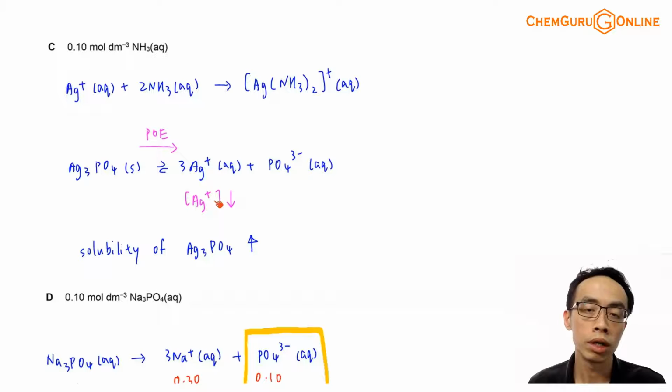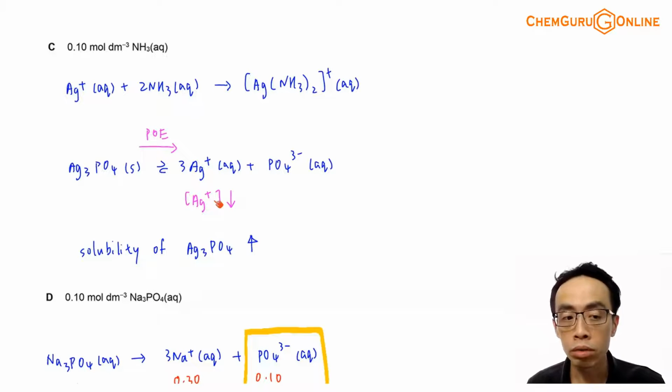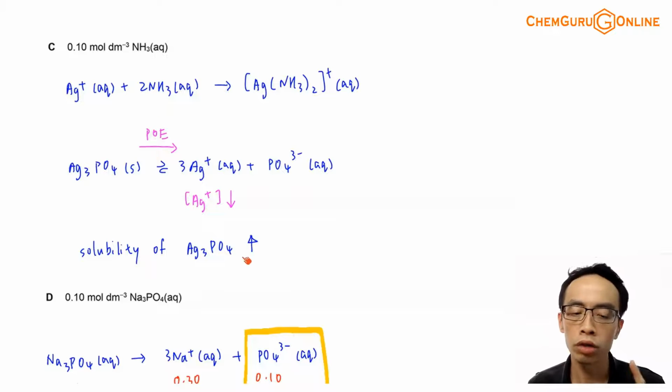And according to Le Chatelier's principle, when there's a decrease in the concentration of my product, position of equilibrium will shift towards the right hand side, favor the forward process, which means that I'm favoring the dissociation of the salt, and I'll expect more of the salt to dissolve, so solubility of Ag3PO4 will actually increase.